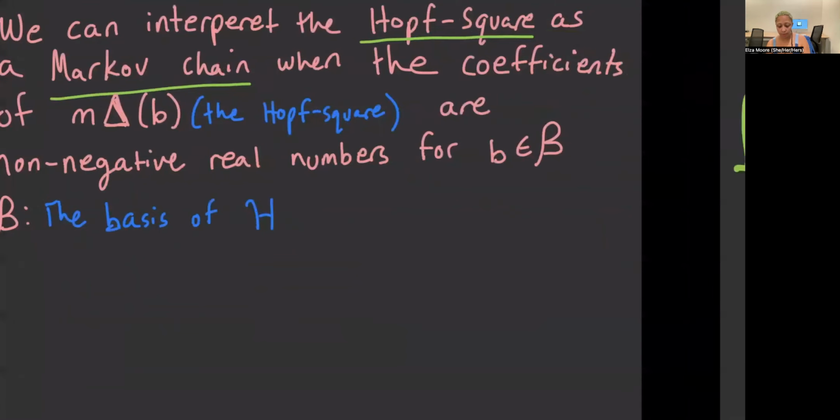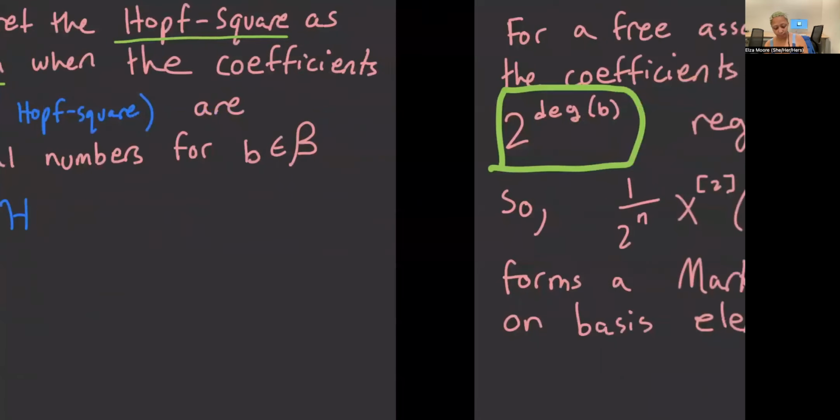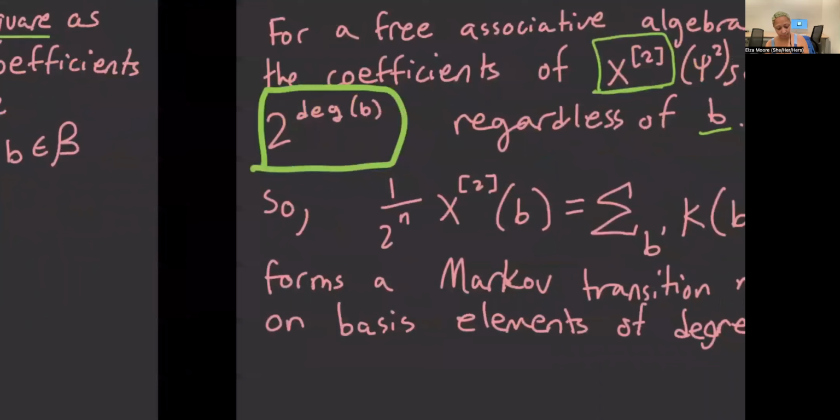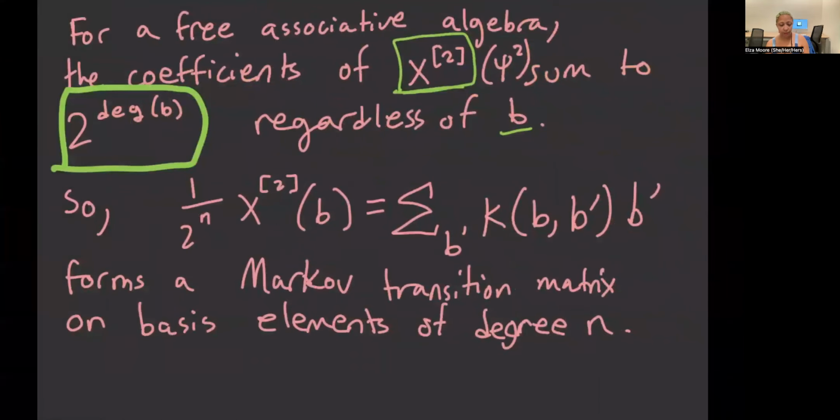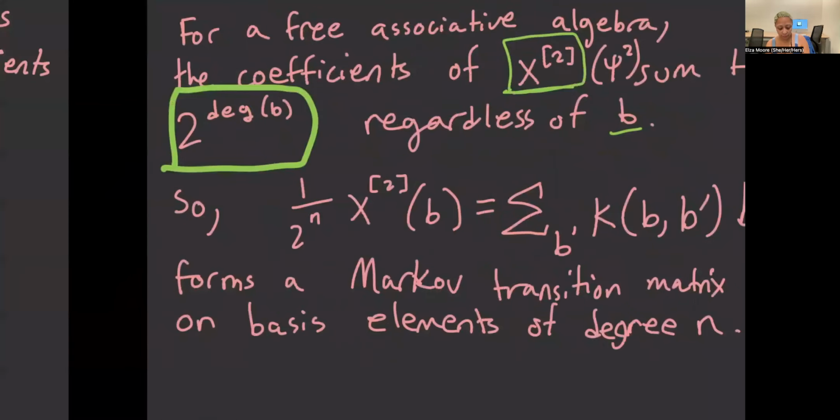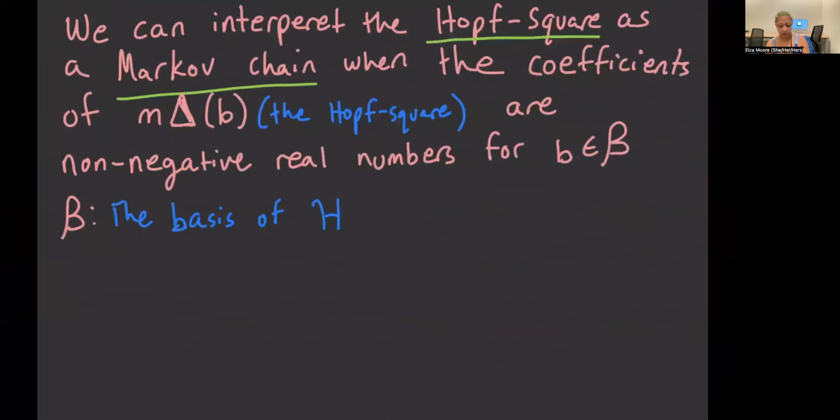So to go a bit more in depth with that, this will almost always be true for combinatorial Hopf algebras, which I'm not 100% sure what that is, but it's a thing. So this will usually be true for what the paper calls combinatorial Hopf algebras.